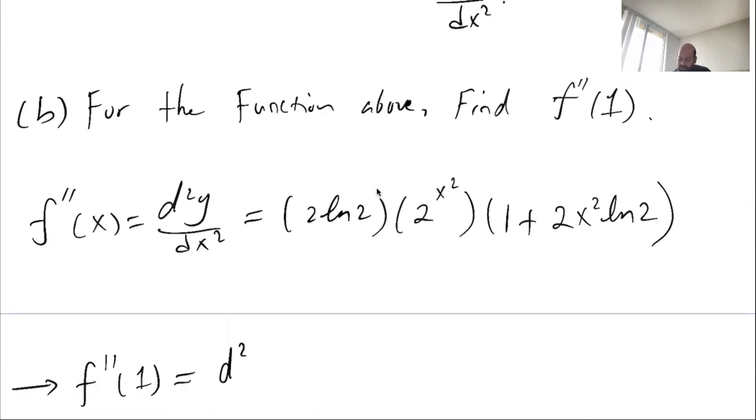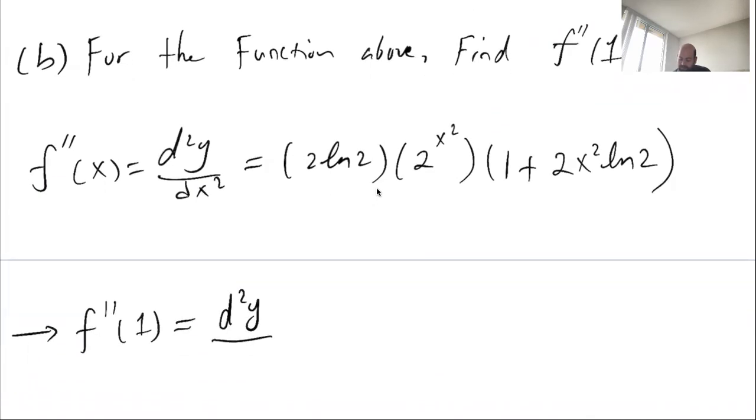In Leibniz notation, if you want to write it, you can also do it this way: d squared y over dx squared at x equals 1. This vertical line means "at," which has the same meaning as f double prime of 1. F double prime of 1 also means f double prime of x as a function evaluated at x equals 1.